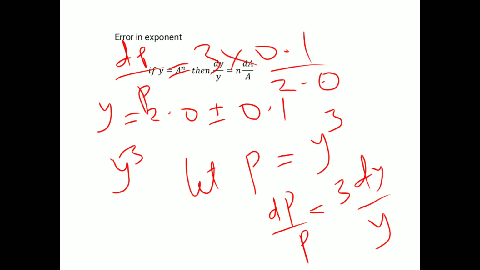So 3 times 0.1 divided by 2 will give us 0.15. That means the relative error in p is 0.15. Then if I'm asked to find the absolute error in p, I can input the value of p, which is y cubed, and cross multiply to find that.